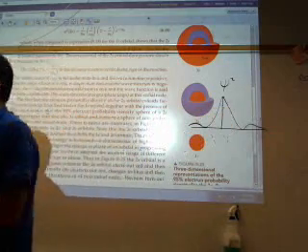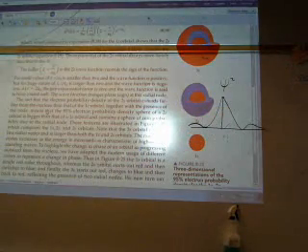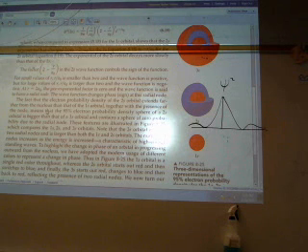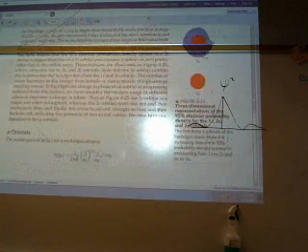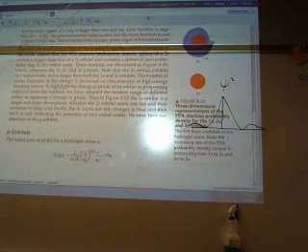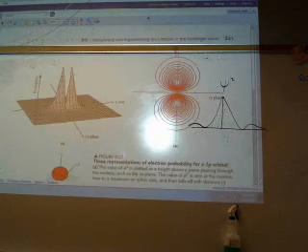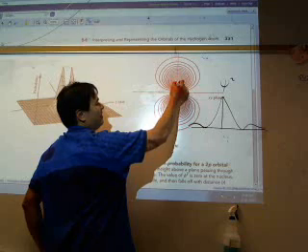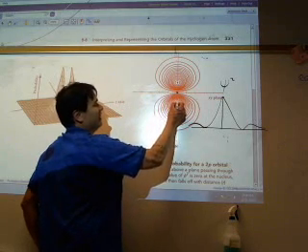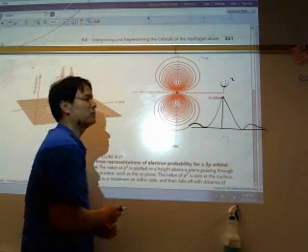Where's the highest probability for finding the p electron? Is it at the nucleus? No, it's away from the nucleus. So if the nucleus is here, then the highest probability is here and here. How can these two have the same energy?